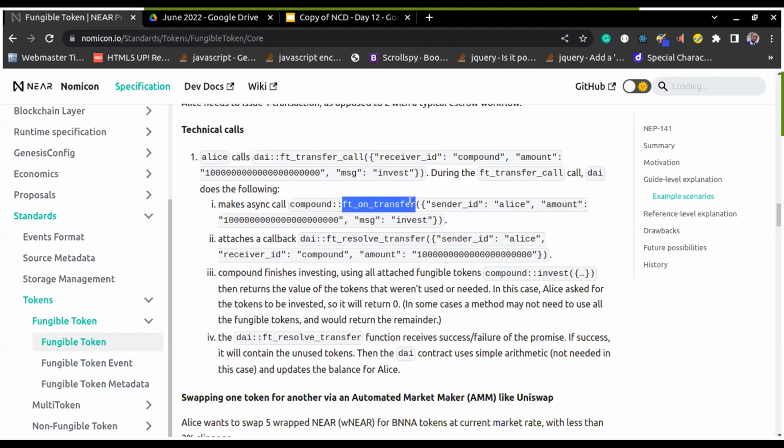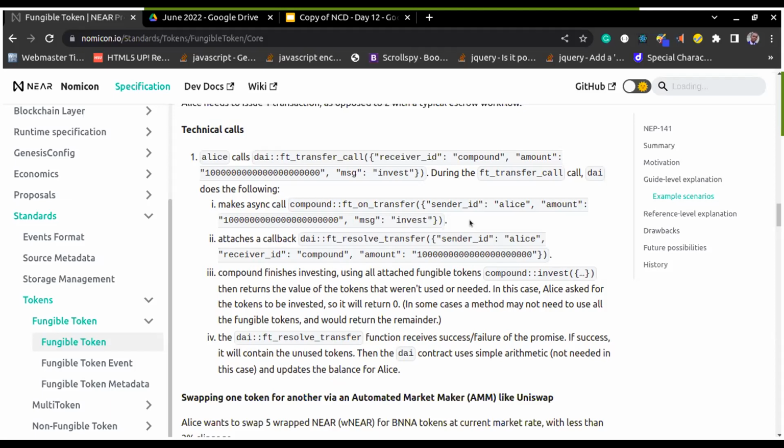And what this method basically does, given the sender ID and the amount and the message, it will process the transaction further within its smart contract. So in this case, within the compound smart contract.